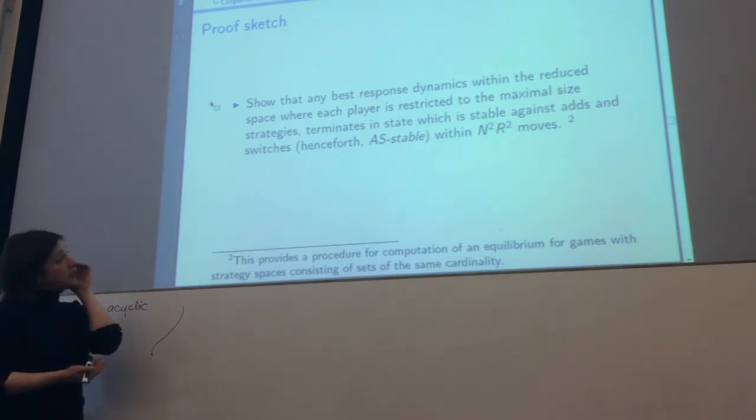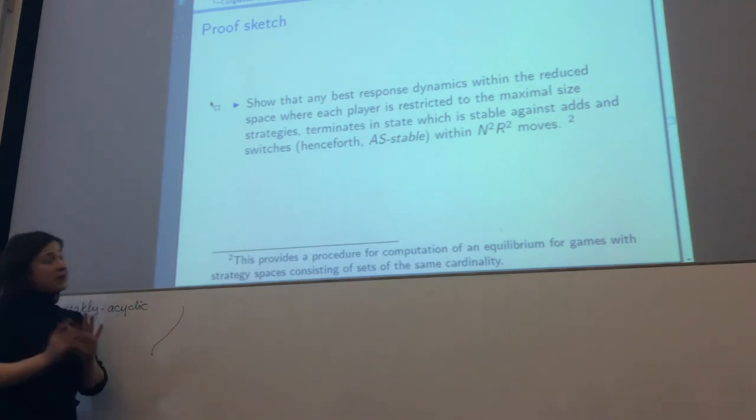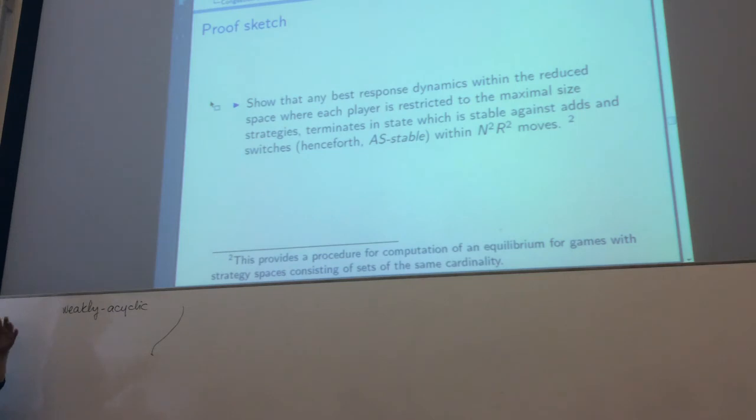So the first thing to show is if we restrict ourselves to the profiles where every agent uses the maximal number of resources he has, we can always get there. Let all of them just add resources as much as they can from every profile. We get there.